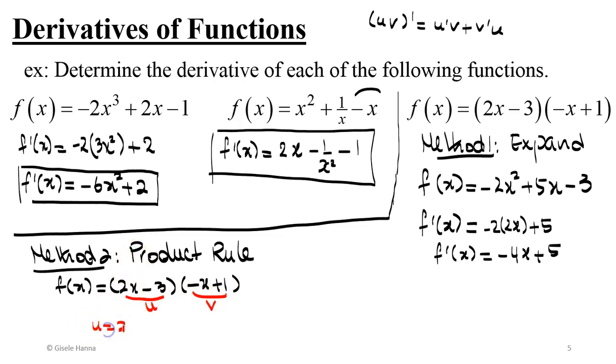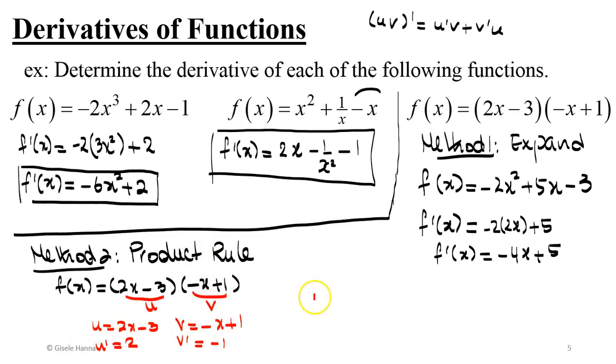So u is 2x minus 3, then what is u prime? Now that is a linear expression, so the derivative is just the slope of that linear expression, and v is negative x plus 1, so v prime is negative 1.